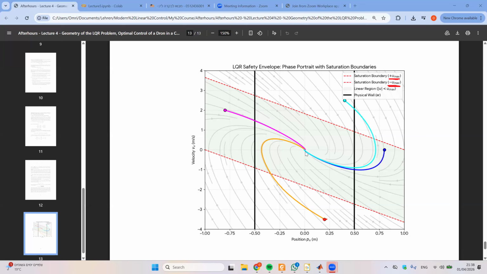So this is how we can actually use the LQR problem to solve a real-life problem with constraints. So sometimes we have constraints on the controller, so we cannot actually use the optimal trajectory, but starting from some point like here, we can.